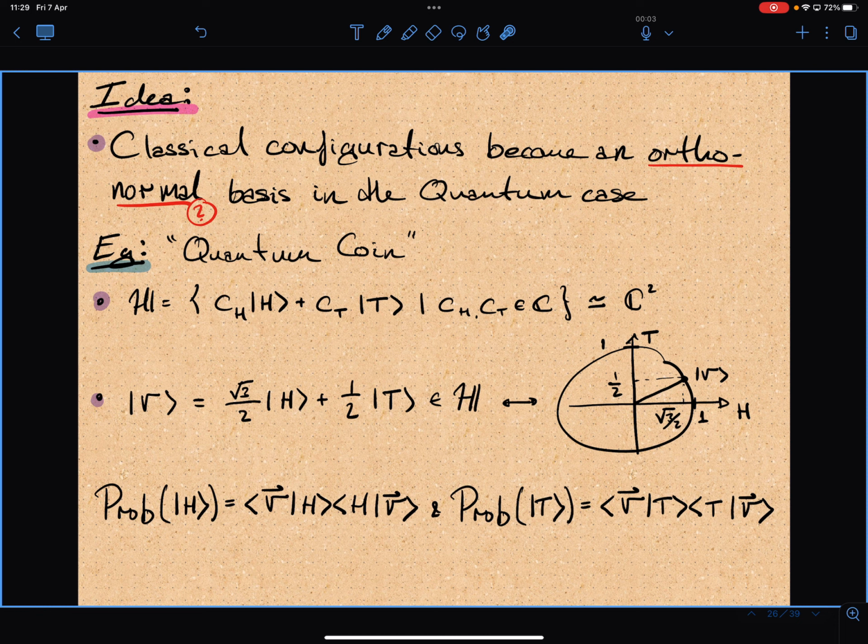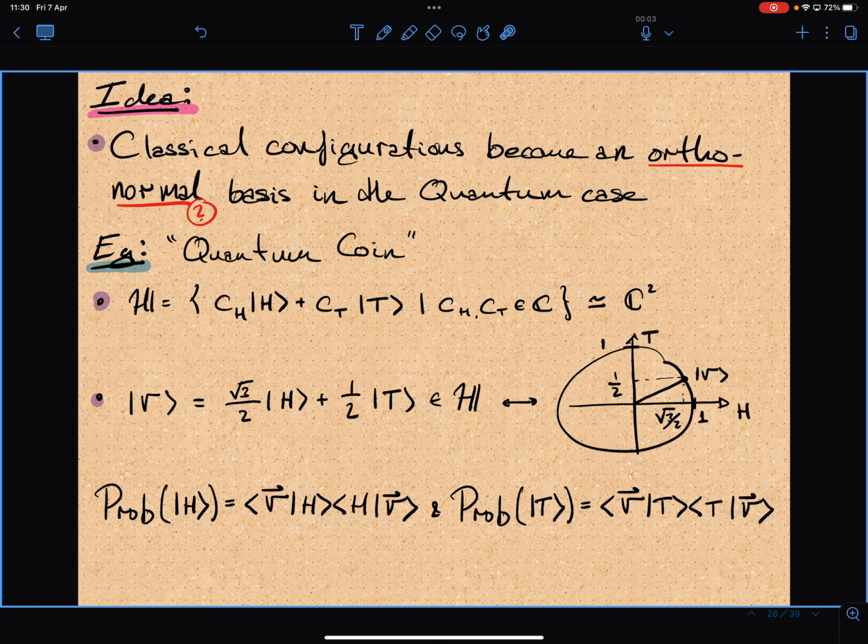And for instance, one particular example of a configuration is this V, where it's just a linear combination of this. You can check that if you take the dot product of V with itself, it is equal to 1, meaning that it lies on this unit circle. And if you do the dot product of V with H, you get this √3/2. And if you do the dot product of V with T, you get this 1/2. So this is the picture that dot products are going to be projections.